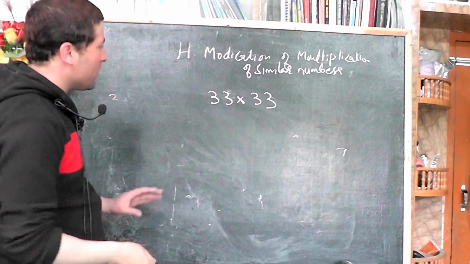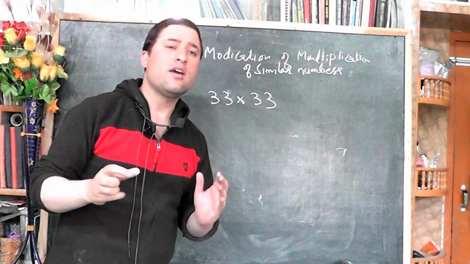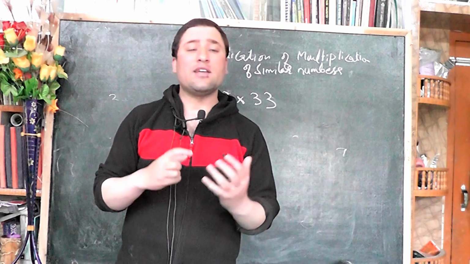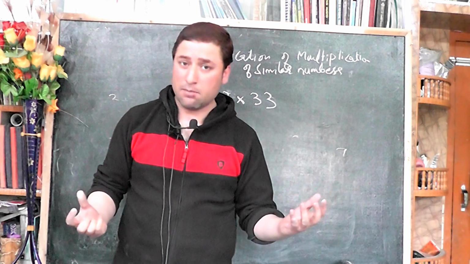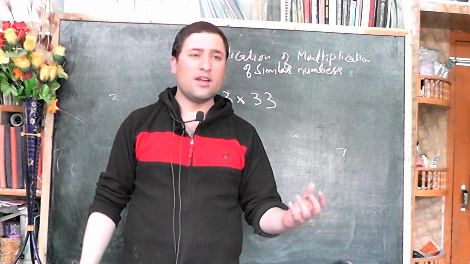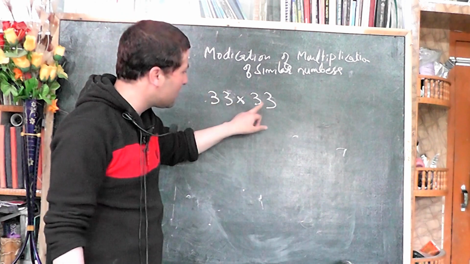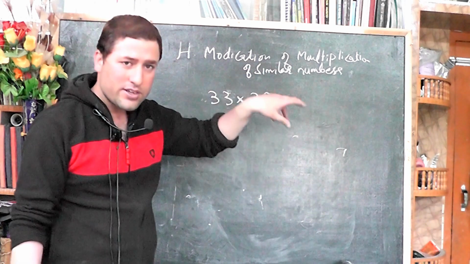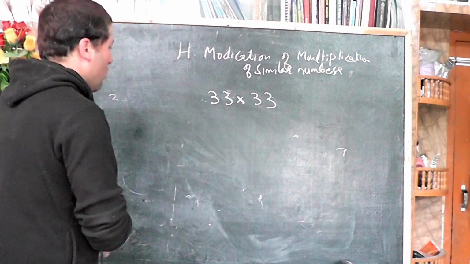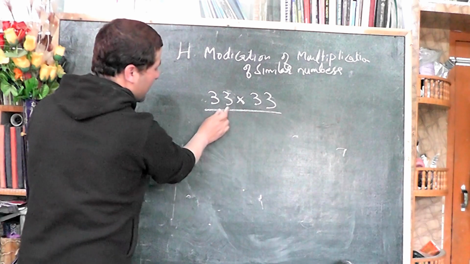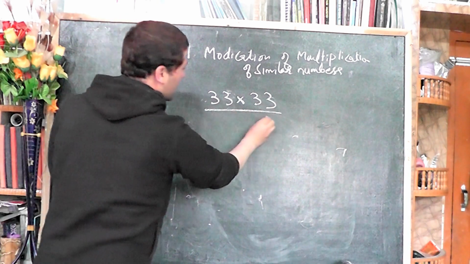If we go the longer way, if we want students to understand rather than remember tables, which is not a better way, then we can see that 3 is added 3 times, then again 3 times, then again 3 times. Now let's see how we can do it in one line. First we multiply 3 into 3 is 9.